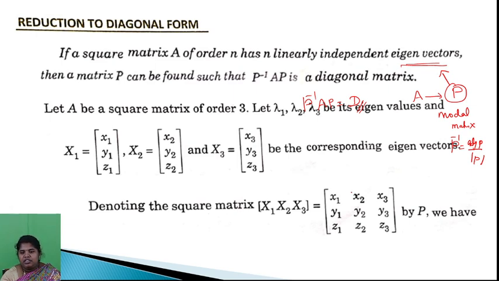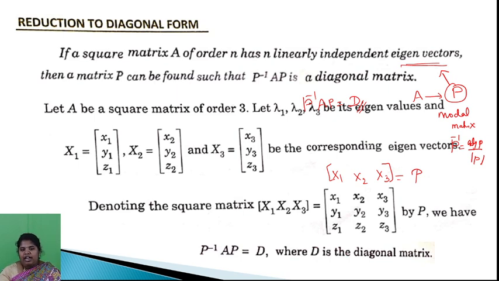That is, the first column is the x1 eigenvector, second is x2 and third is x3. So form a matrix using the eigenvectors, which is denoted by our matrix P. Now after finding P inverse AP, we can obtain a diagonal matrix.